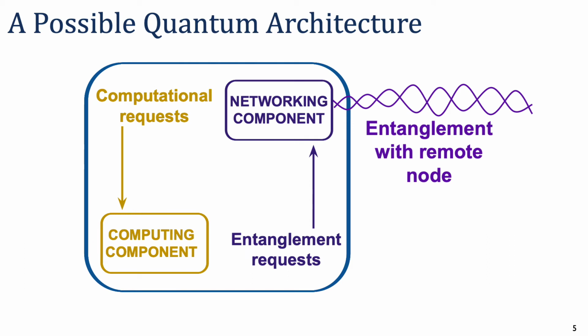So it will have a networking component, and entanglement requests from a user or application are handled by this component. And finally, a useful ability for such an architecture is to be able to perform state transfer as requested by the application. Such requests may require the cooperation of both the computing and the networking components.